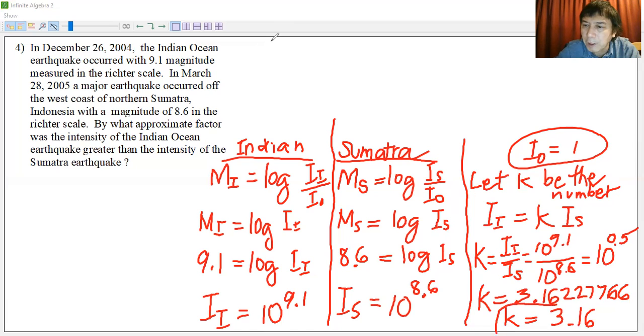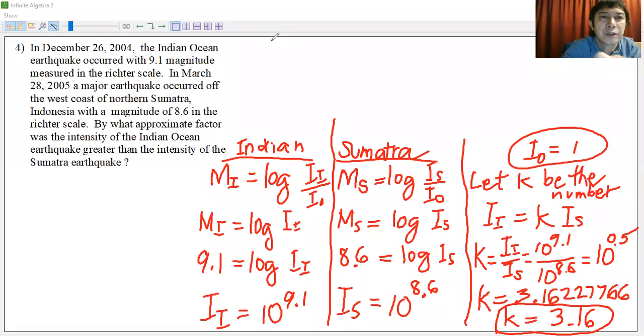And this is the required number, 3.16. 3.16 times the Sumatra earthquake intensity gives the larger Indian Ocean earthquake II. So that will be the multiplying factor.